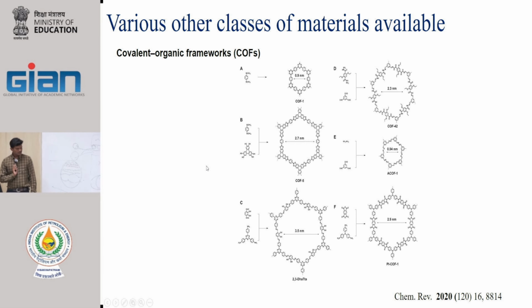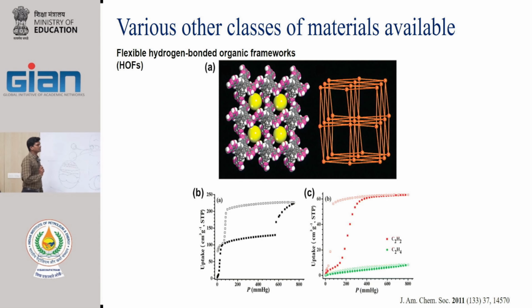So the next class of materials, which is just coming up, and maybe a couple of people have explored so far for gas separation, especially for CO2, is flexible hydrogen bonded organic frameworks.